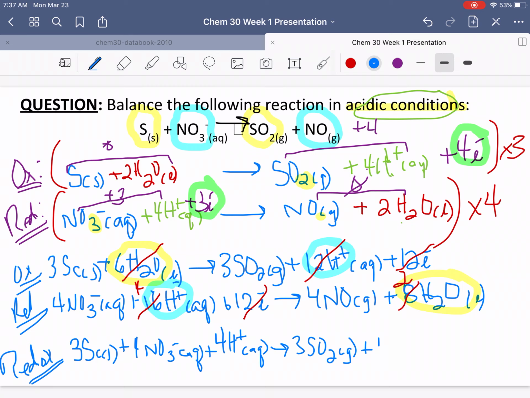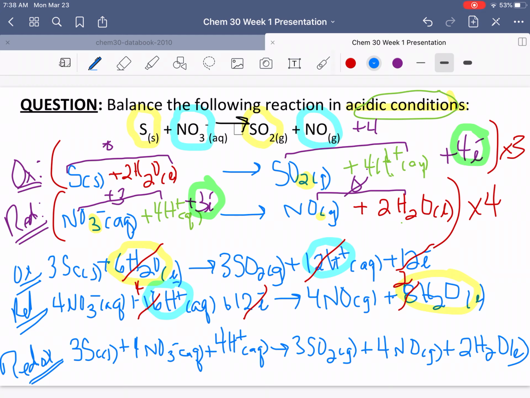So are the electrons. So we're down to 4 NO gas plus, again, not 8 waters, but 2 H2O liquid. And that, folks, is the net redox reaction. In terms of complication, I'm not going to make them really any harder than that one.